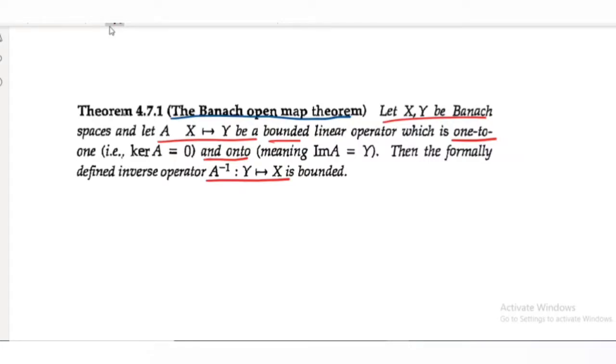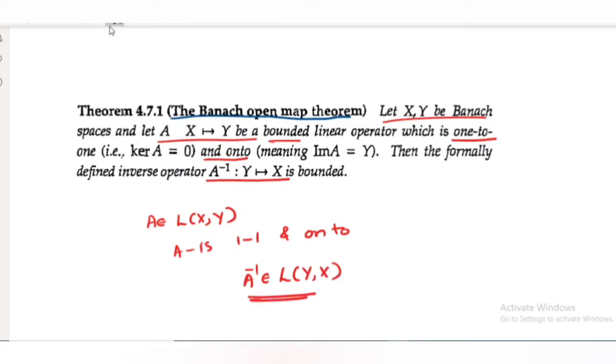That means if A belongs to L(X, Y) and A is one to one and onto, then A inverse belongs to L(Y, X). This is our statement of the Banach open map theorem.